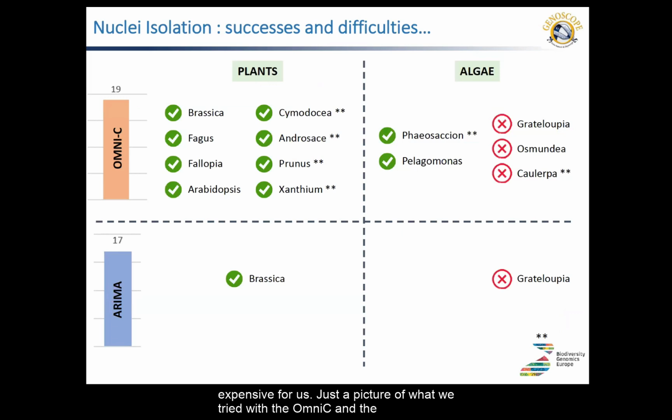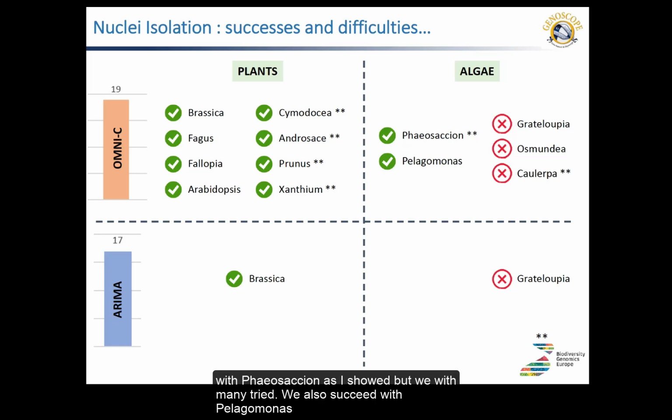Just a picture of what we tried with Amnesty and the ARIMA protocol with the nuclei isolation protocol from BOSS. So mainly for plants, it's okay, but when we reach the alga kingdom, it's more difficult. We succeeded with Pausacium, as I showed, but with many tries.